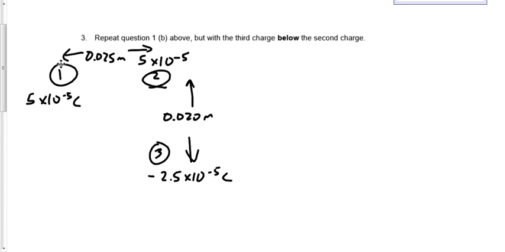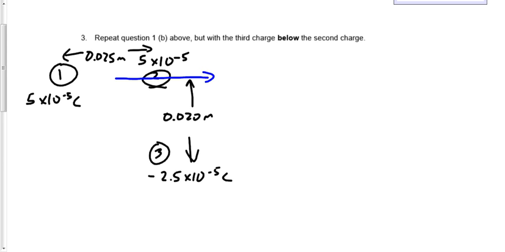So to find the net force on number 2, just like the other 2 questions we've just done, we have to look at them individually. We have a force of 1 on 2. And we have a force of 3 on 2. 1 on 2, attractive or repulsive? Repulsive. And repulsive means the same thing as push, right? Repel is a synonym for push. So 1 pushes 2.